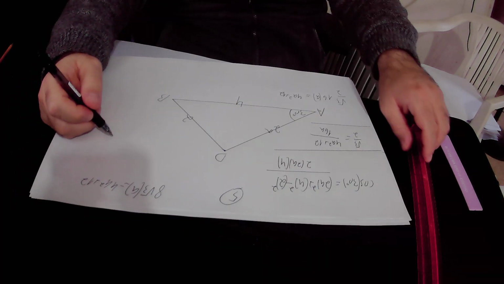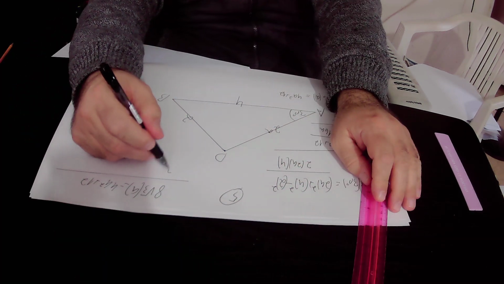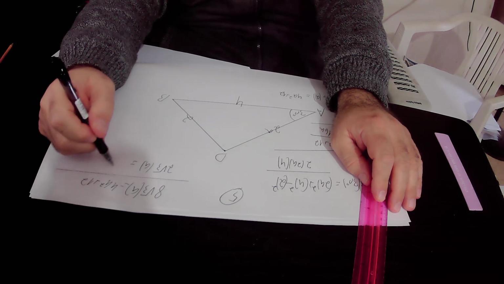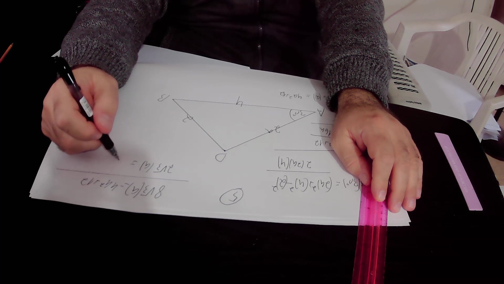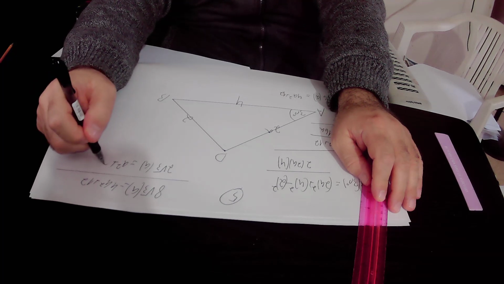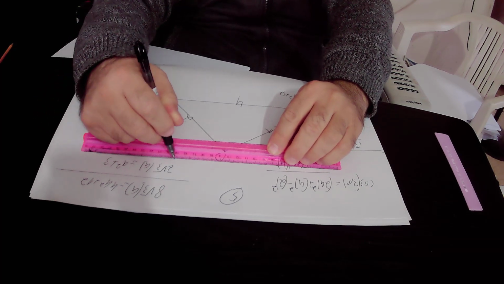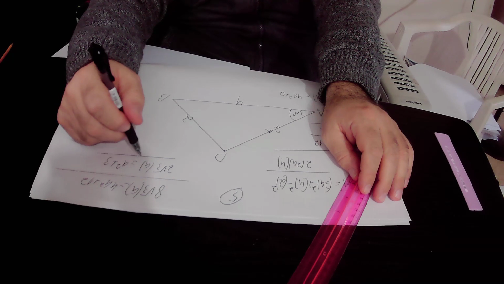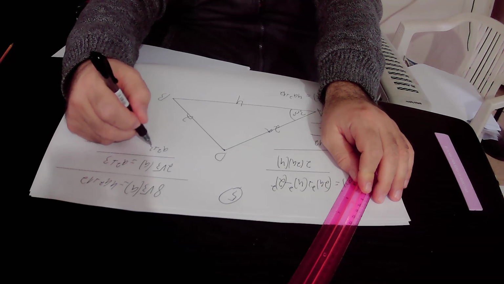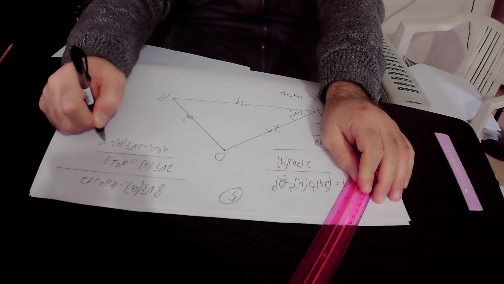Here we will divide this equation by 4, and we will get that 8 over 4 is 2, so it is 2 times square root of 3 times A equals 4 over 4 is A squared, and 12 over 4 is 3. We subtract 2 times square root of 3 times A from this equation, and we will get A squared plus 3 minus 2 times square root of 3 times A equals 0.